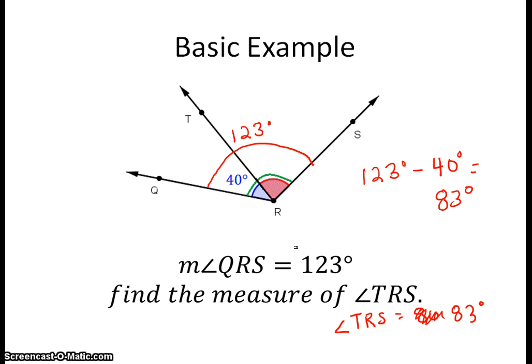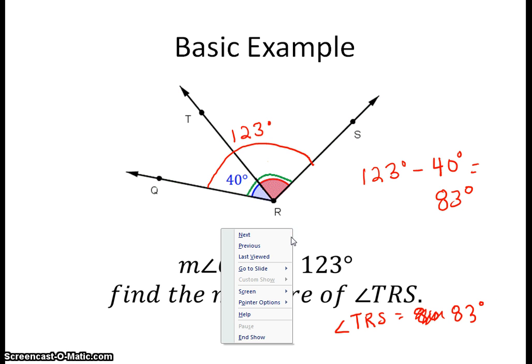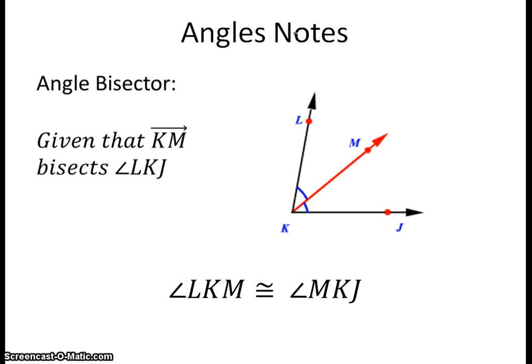Alright, so last one we're going to look at, angle bisector. Given that ray KM bisects angle LKJ, it cuts the angle into two equal pieces, which means that this angle, LKM, is going to be equal to this angle, MKJ, which is what this says right here.